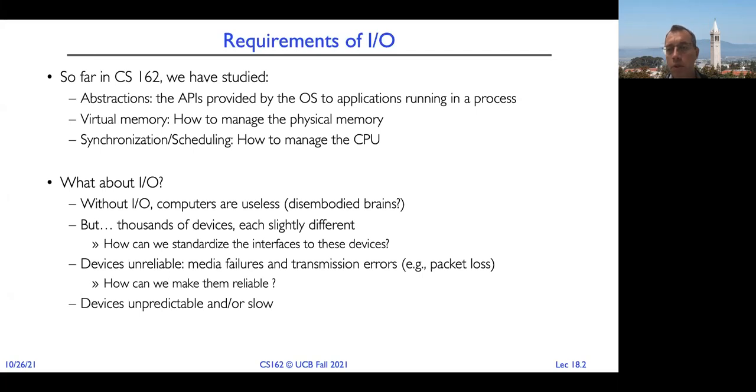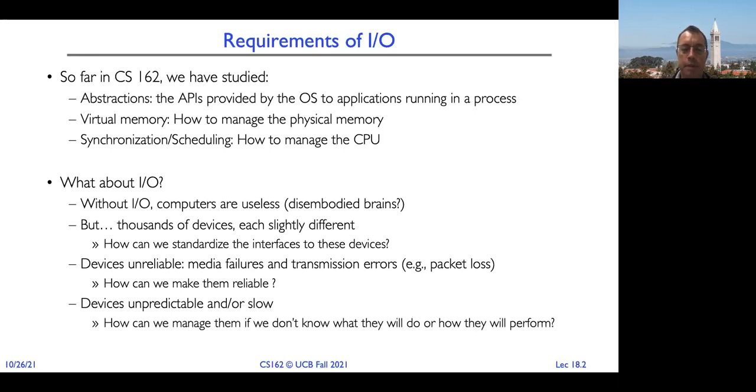But also in terms of reliability, in some cases you can lose information, like packets on the network can be lost, so you need to recover. So in all dimensions, you have a huge variety. And yet the operating system needs to cope with this variety in a reasonable way. You don't want your program, when you are developing it, to think about each of these input devices in a different way, right?